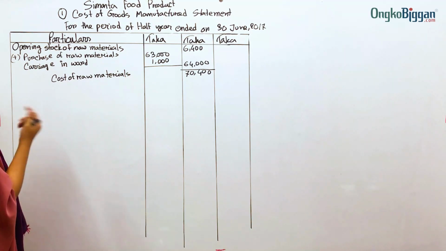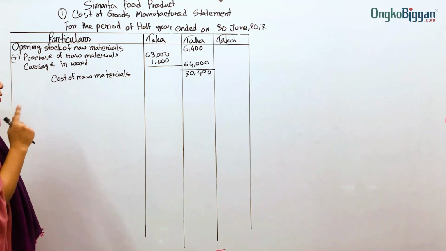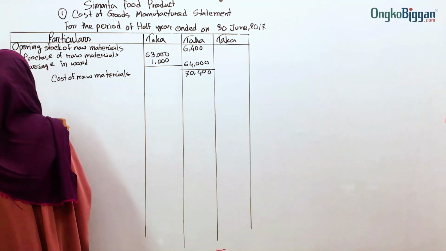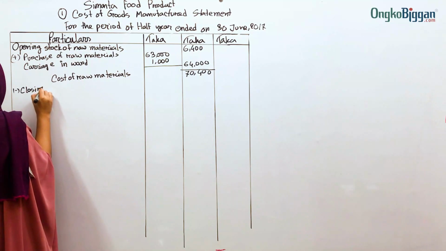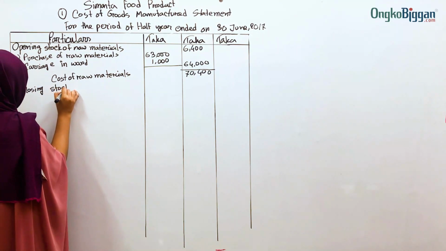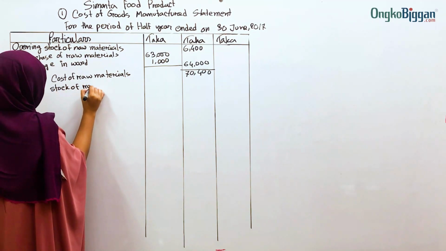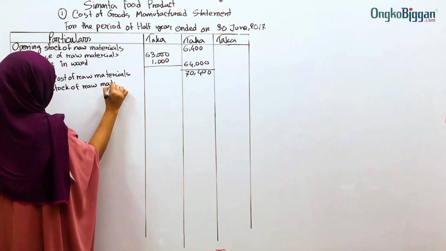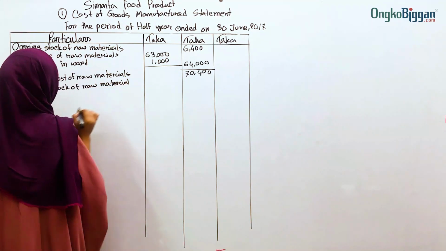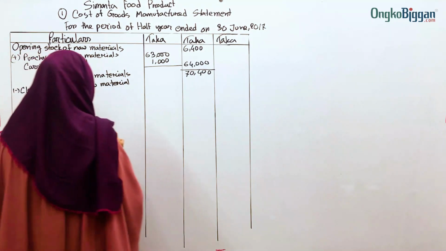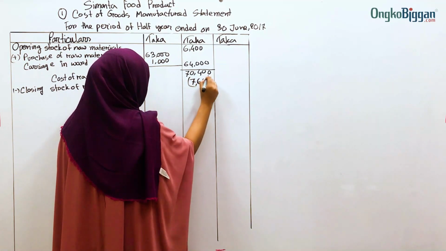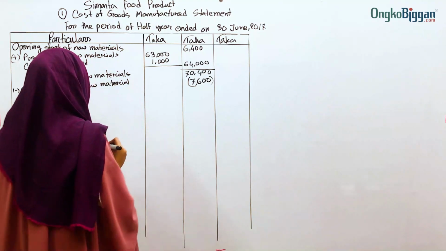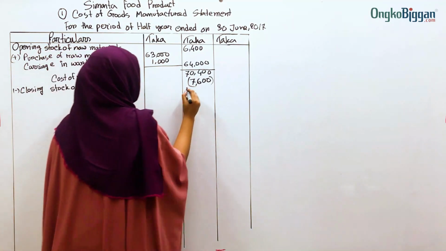So with the opening stock of raw materials, we add all the purchases we have done, all the carriages we have done. Now it's time to subtract. What we will subtract? All the closing one. We will subtract all the closing stock, and it comes out 7,600. Do you have anything else? No, we don't have anything else.